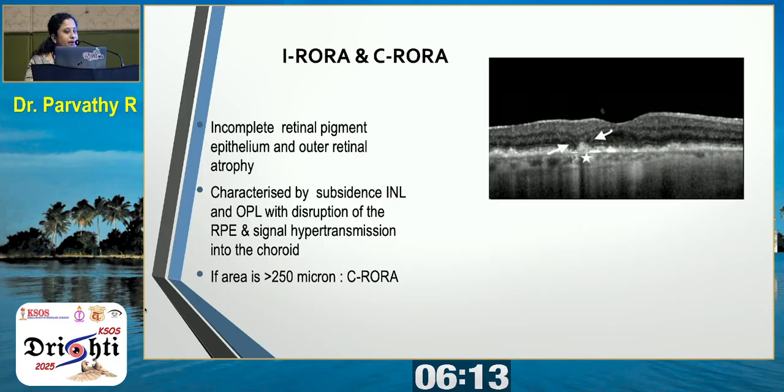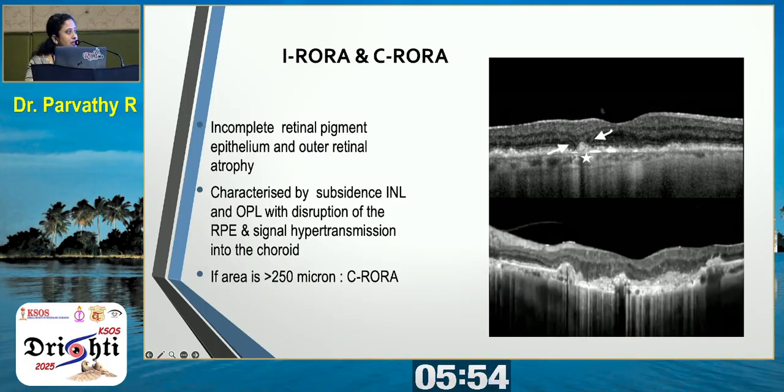It is characterized by subsidence of the inner nuclear and outer plexiform layers, shown by the arrows, and signal hypertransmission into the choroid due to the loss of RPE and the layers. And if the area of this disruption is more than 250 microns, it is called CRORA, or complete retinal pigment epithelium and outer retinal atrophy.